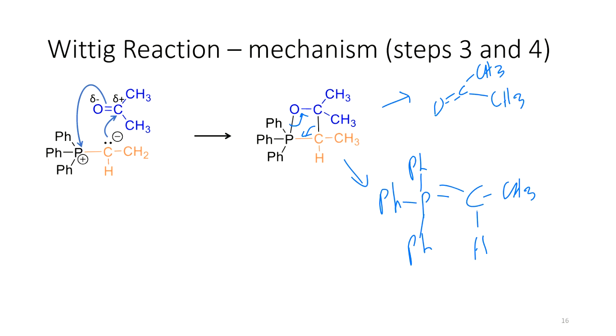They mean something. It's not arbitrary. This arrow here is indicating that you're breaking the phosphorus oxygen bond, electrons going in, and a new bond is being formed here. This is indicating that you're breaking the carbon-carbon bond, electrons are going in, and a new bond is being formed between the carbon and the phosphorus.